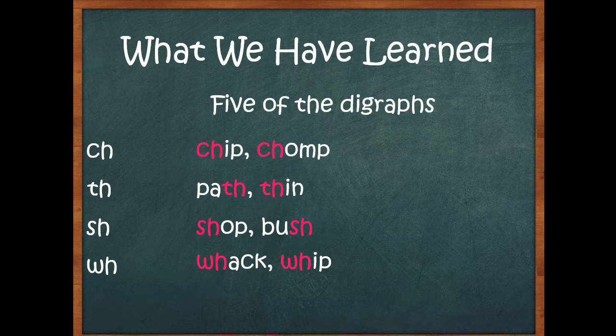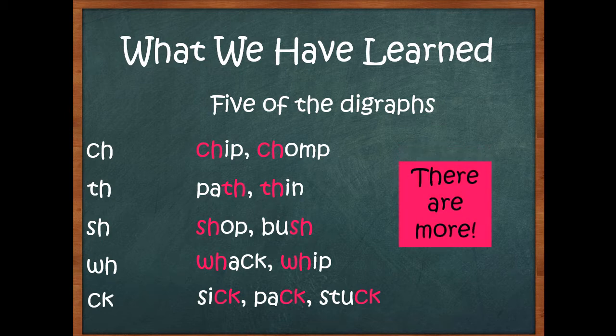There aren't too many of these words. And the very important CK, as in sick and pack and stuck. Okay, there are lots more. It's not just these 5, but these are the 5 that we focused on in this unit.